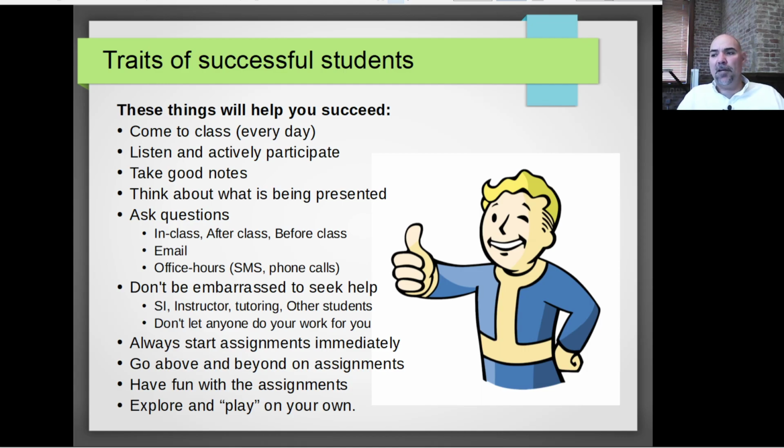All right, so do the assignments immediately. Feel free to go above and beyond on the assignments. In other words, if the assignment says make a game that does this, if you want to add extra features and extra cool stuff that you think is fun, make sure that you still do the assignment and what it says, but feel free to add extra embellishments and sounds and extra features and different levels and things like that, because really that's where you learn programming, is by playing with it and doing stuff.